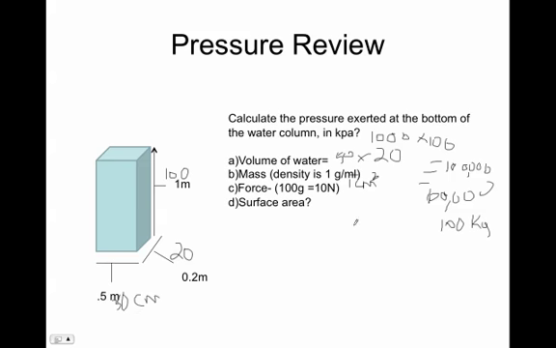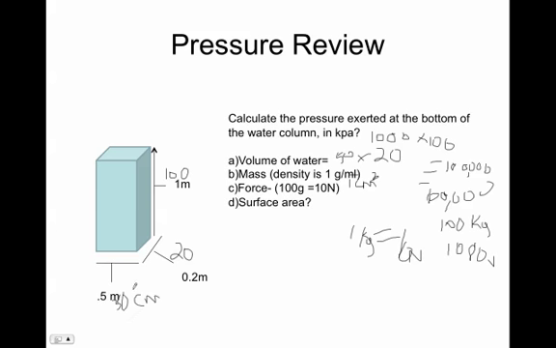And on Earth, 1 kilogram is equal to 10 newtons. So this is 1,000 newtons of force. Now we need the surface area.